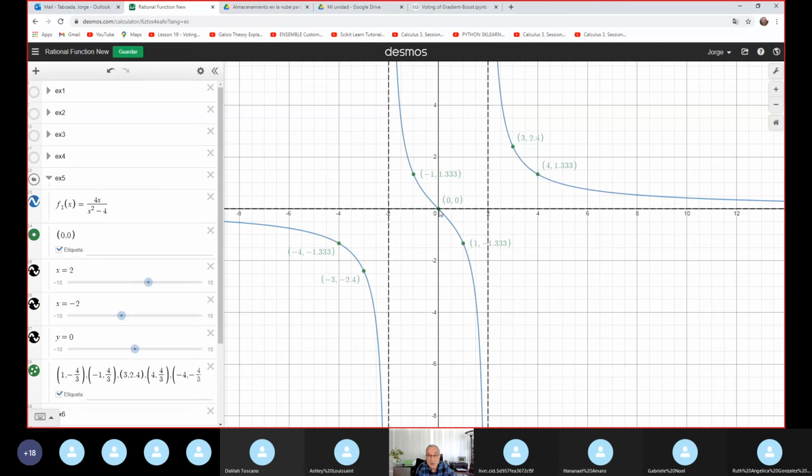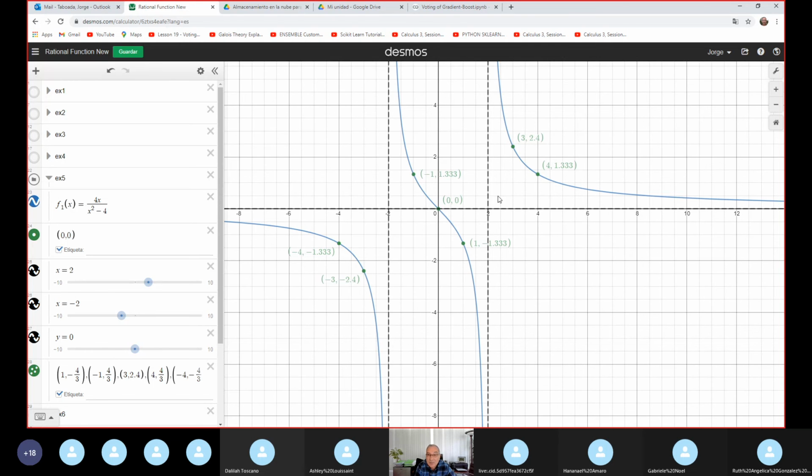You get 2 vertical asymptotes, in positive 2 and negative 2, and 1 horizontal at y equals 0. By the way, it crosses at 0. 0 is the y-intercept, the x-intercept, and also the famous point. The blue curve crosses the horizontal asymptote.